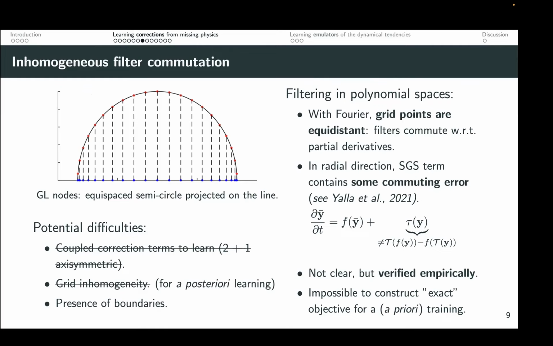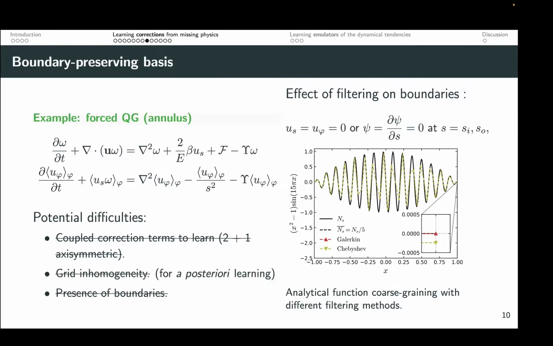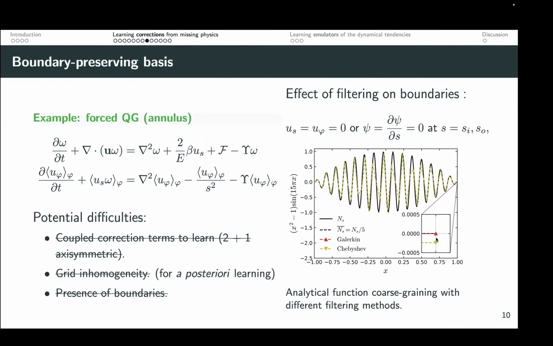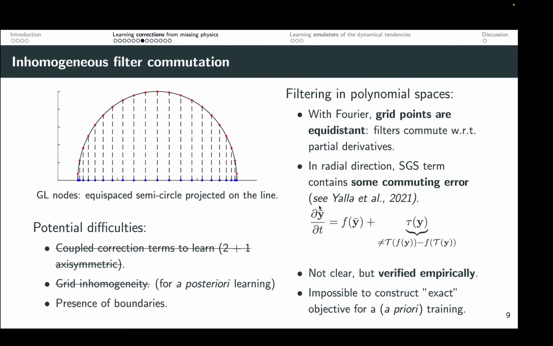And it says that it's very hard, if not impossible, to build an a priori training target. So we can't do a priori training. But there's no problem for a posteriori learning because we're not computing the subgrid term directly. We are only computing the fields that are filtered.